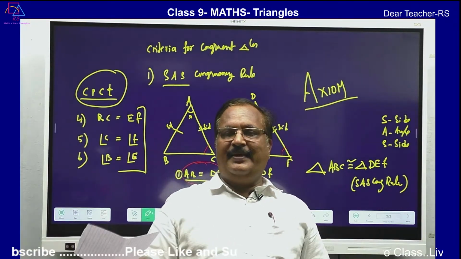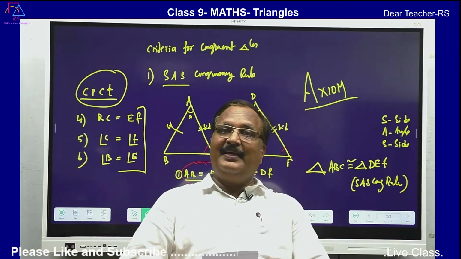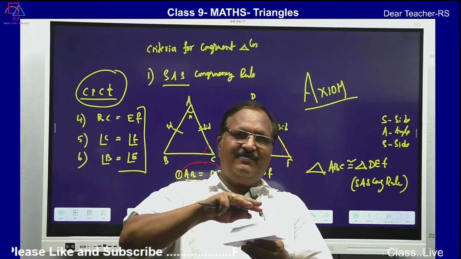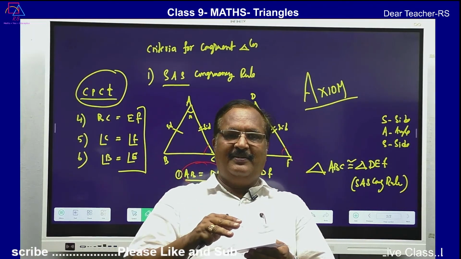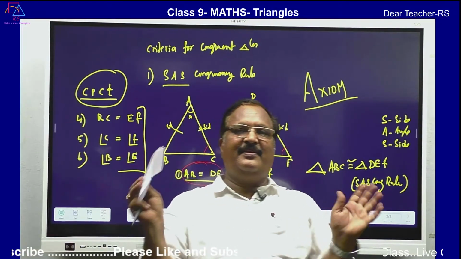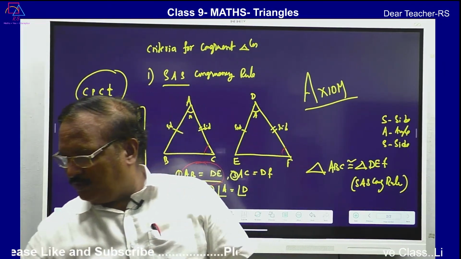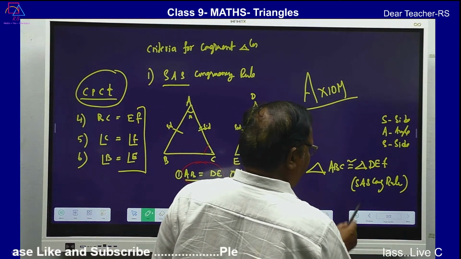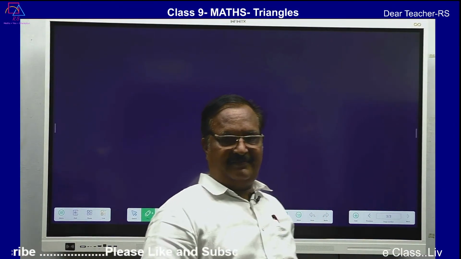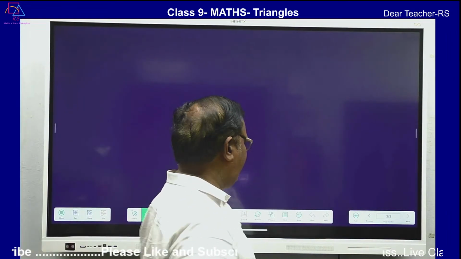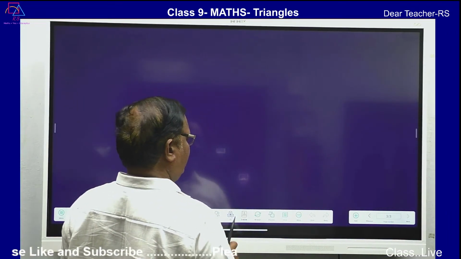With the same parts you draw one more triangle, cut it, and keep those two triangles one on each other. Then they cover exactly. If they are covering, they are congruent. So this is the first. On this we have some questions. We will work some questions based on this axiom.